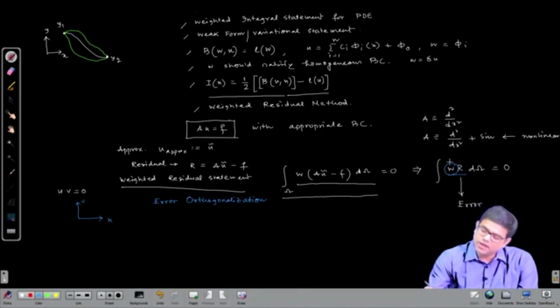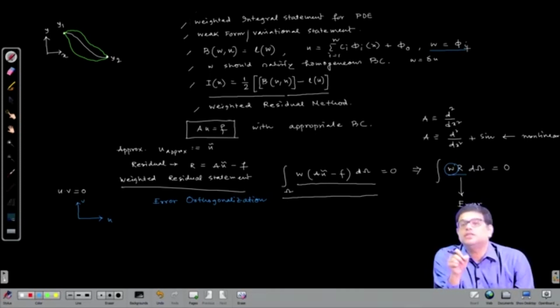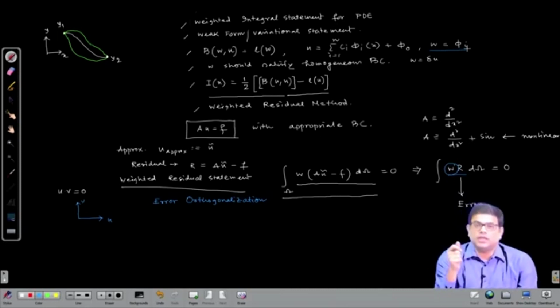If you remember, in the Rayleigh-Ritz method, we always choose w as phi I. On the other hand, in the weighted residual method, we can choose w differently, and naturally this weight function need not satisfy the homogeneous boundary condition where the Dirichlet boundary condition is specified. So this is one of the major generalizations of the problem, a generalization of the Rayleigh-Ritz method. We remove the restriction imposed on the weight function in the weighted residual technique.